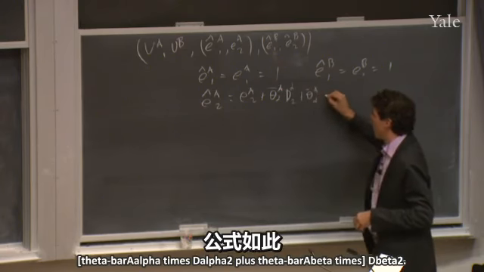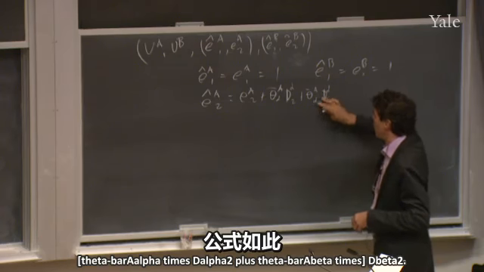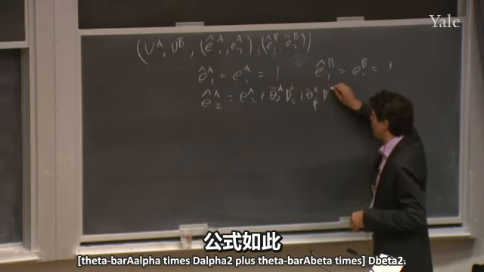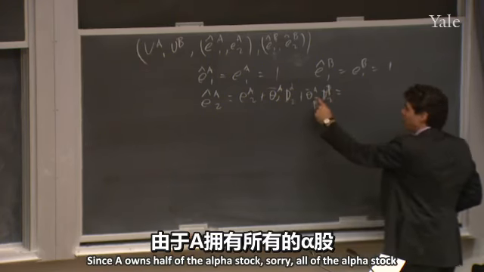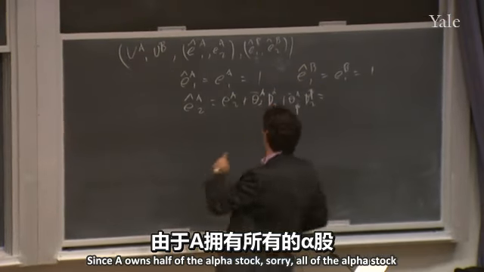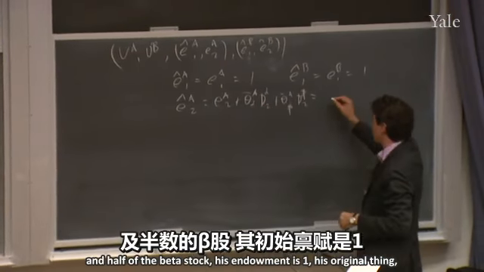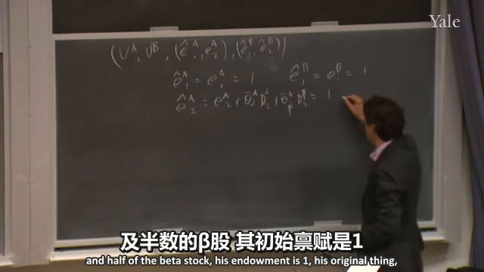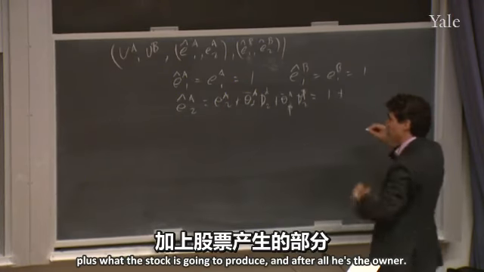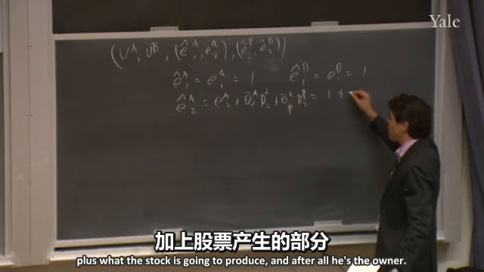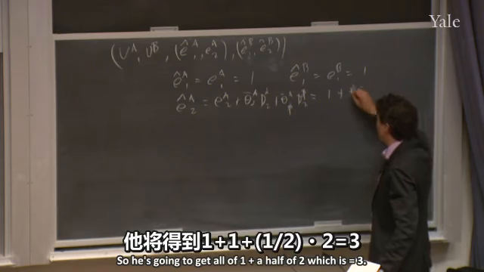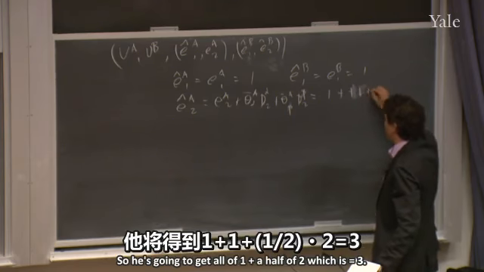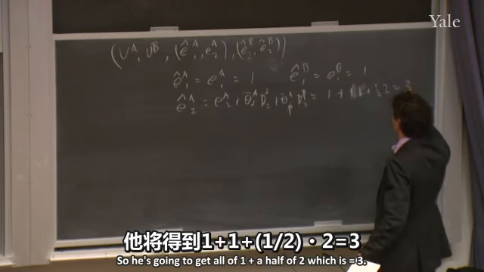A alpha of D beta 2. Since A owns all of the alpha stock and half of the beta stock, his endowment is 1 for his original endowment plus what the stock is going to produce. And after all, he's the owner. So he's going to get all of 1 plus a half of 2, which is equal to 3.